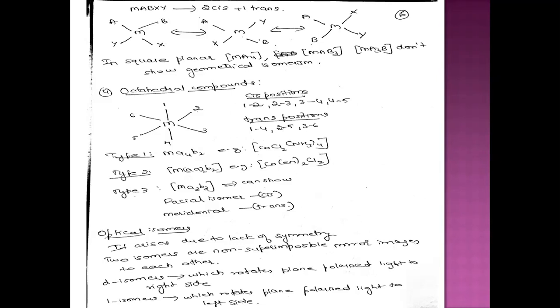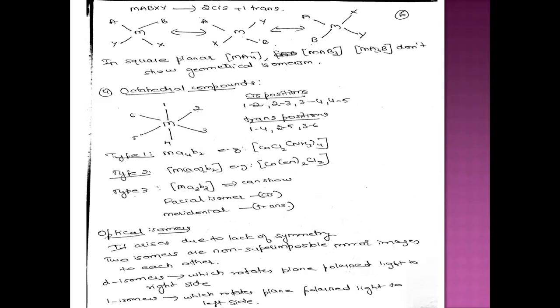Similarly, one ligand is different, rest 3 are similar. Like for example, you can write FeBrCl3, 3Cl, okay? You can write cis, you can't write trans, right? Similarly, those do not show what? Cis and trans isomerism. Similarly, other way around. Okay, here MBr3Cl, okay? 3 again it is similar and 1 it is different.